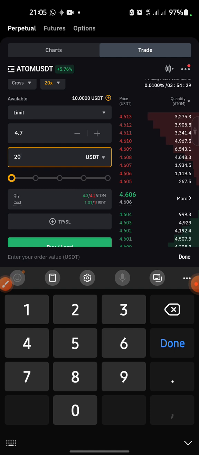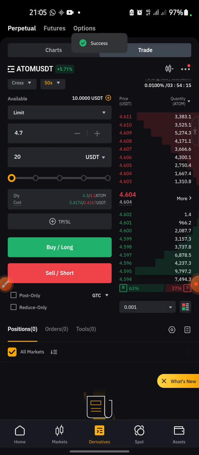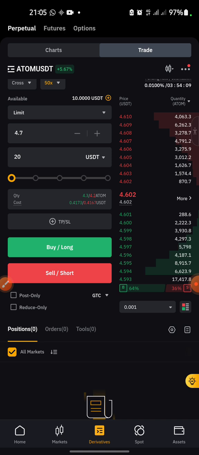With $20. Now, remember what I said about leverage trading? Like your leverage, you have to consider the risks. So now this 20x, assuming we were to move from this 20x to 50x, the percentage we are going to work with is going to change.